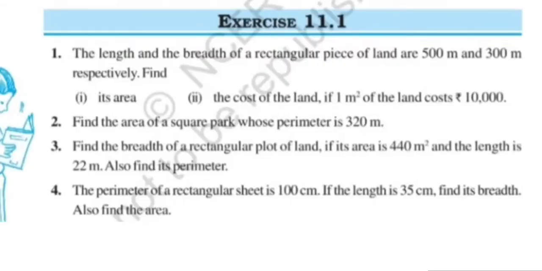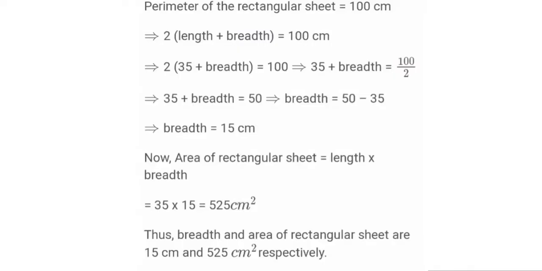The perimeter of a rectangular sheet is 100 centimeter. If the length is 35 centimeter, find its breadth. Also find the area. So the perimeter of the rectangular sheet is given 100 centimeter. Now the perimeter of rectangle formula is 2 in bracket L plus B is equal to 100 centimeter.